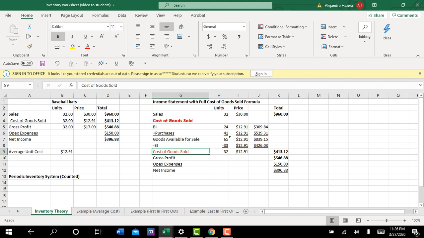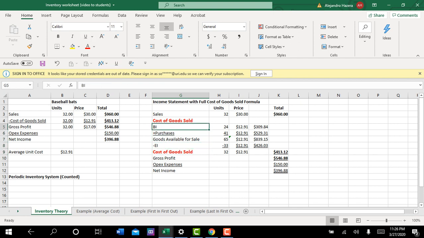So everything basically between these two subtitles, these items here, are the all-important cost of goods sold. For now, the numbers I give you are basically assumed, but in the next three examples, I'll show you where I'm getting these numbers from.